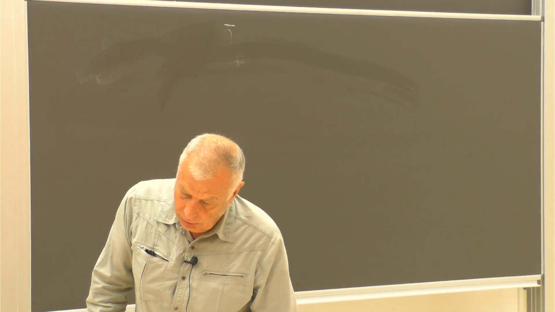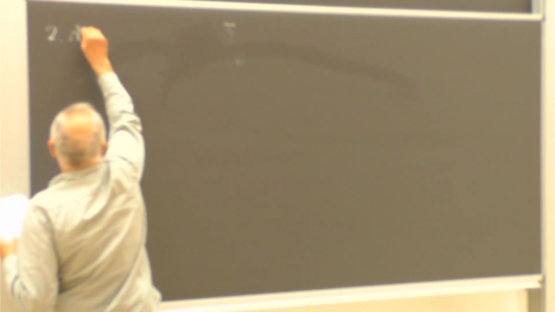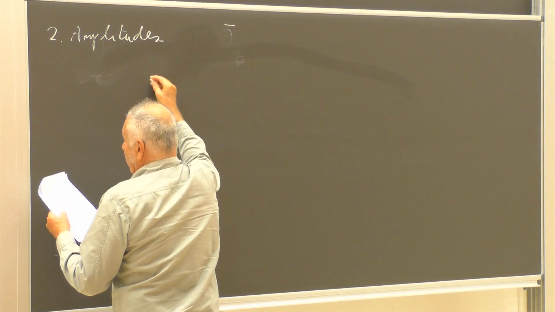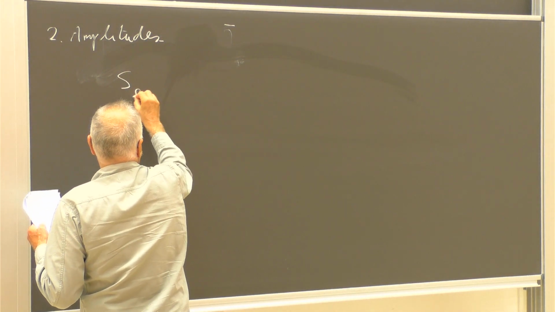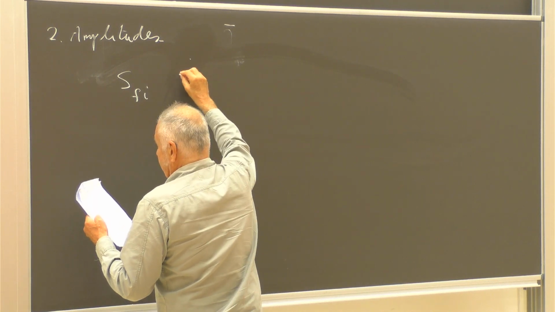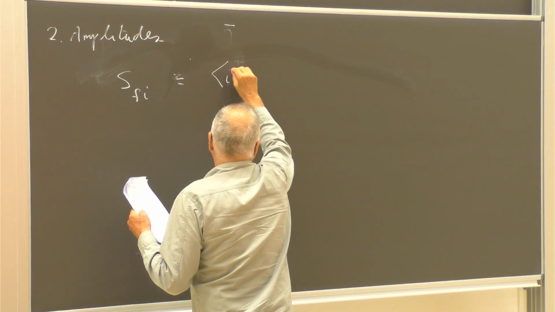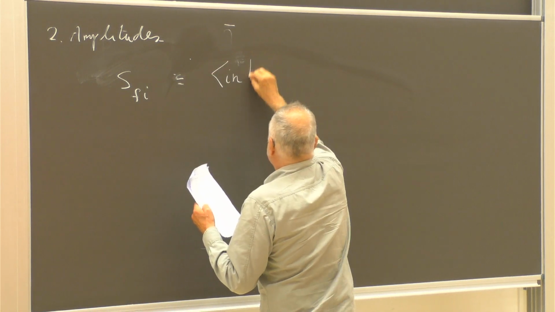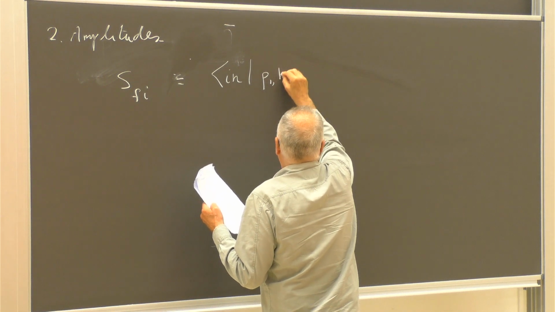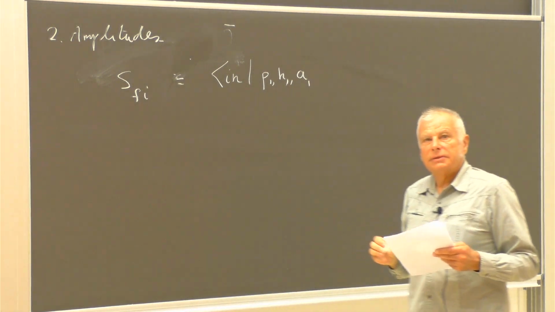Okay, so in general, what you are computing is some transition, some S-matrix element, a scattering amplitude, which tells you that you have some number of incoming particles, which carry certain momenta, helicities, and some gauge charges, yes?